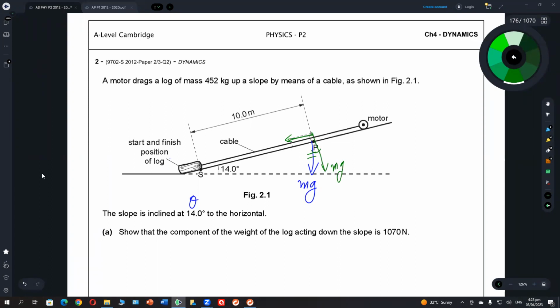Here it is mg cos theta, and here it is mg sin theta. Do you remember what was the rule where cos will come, where sin will come? Where the angle is touching. This is the angle.